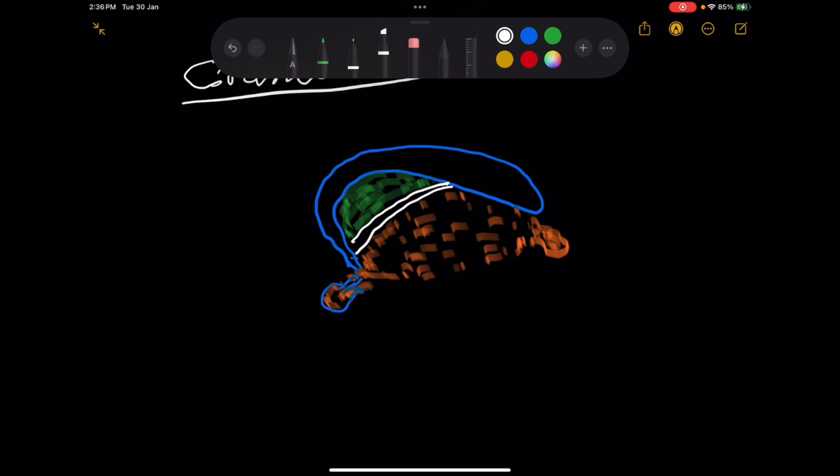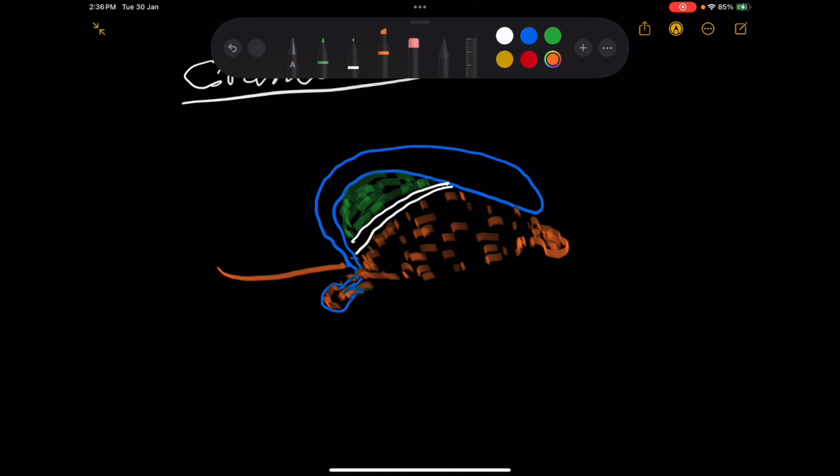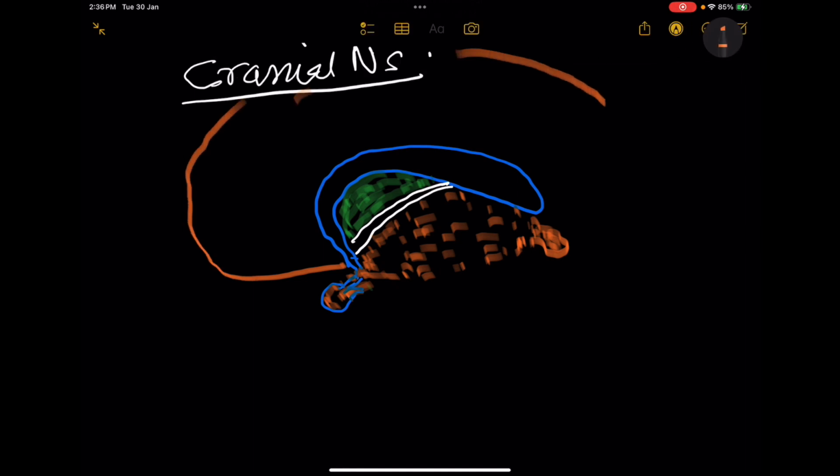Then the diagram is pretty simple. From the medial side, you would see the frontal lobe, the cerebral, frontal, parietal, occipital, and temporal.